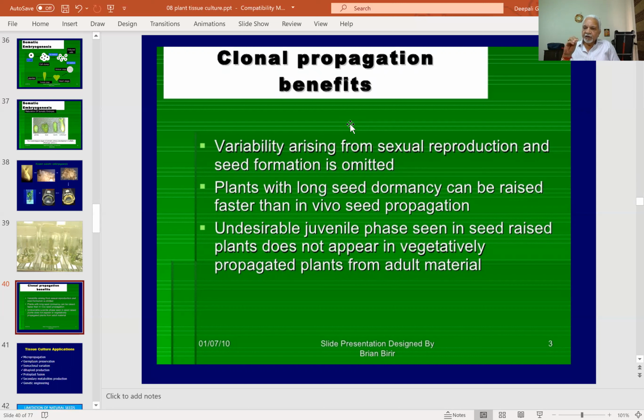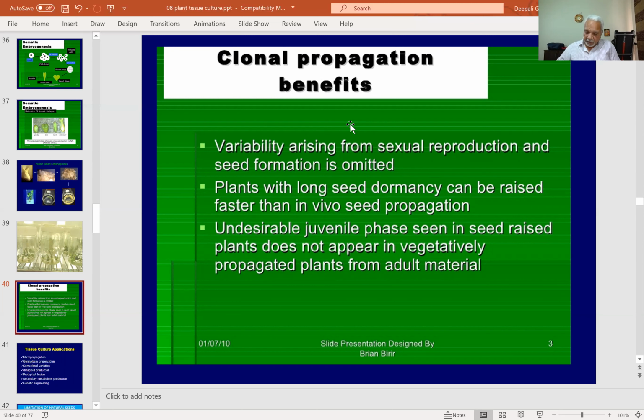And also you can get plants free from pathogens or infections, because if you have made sure that the source plant is healthy and you are taking the somatic tissues from there, then you can have a disease-free plant. So these are some of the benefits of micropropagation or clonal propagation as against seed multiplication.